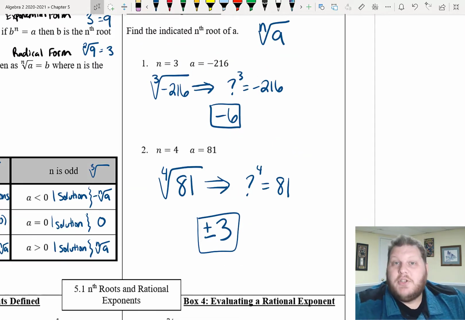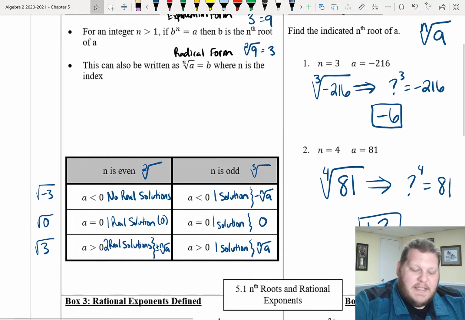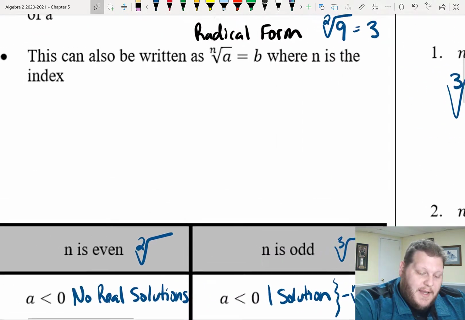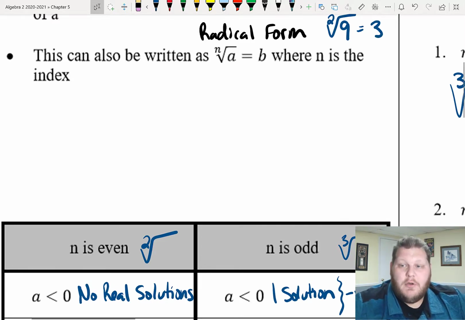Okay, so now I'm going to jump back over into box 1 real quick and talk about a different way that we can write this. Because for some of us, we might not have that shortcut on our calculator for being able to do a specific root. So I want to show you a way to do it using exponents.